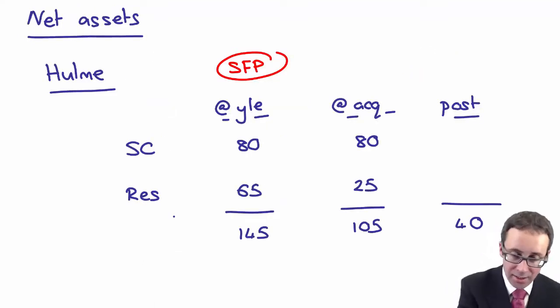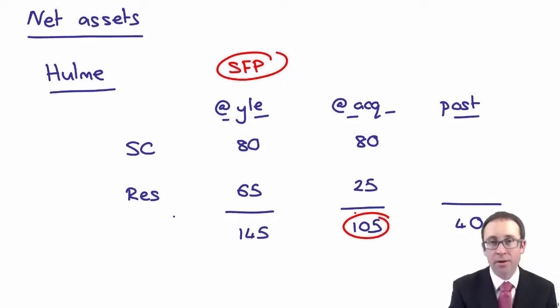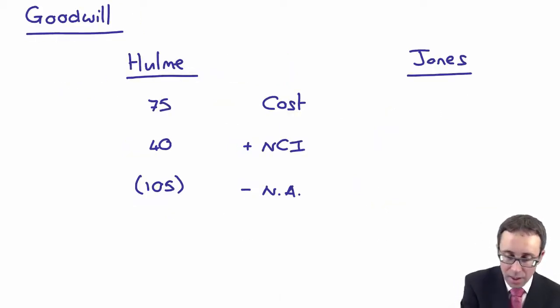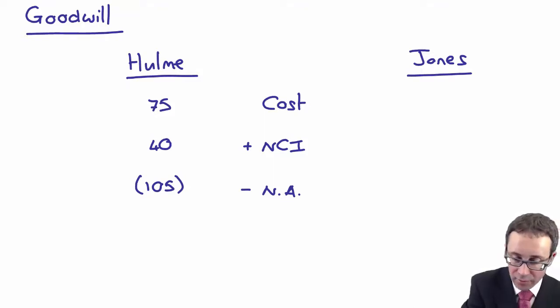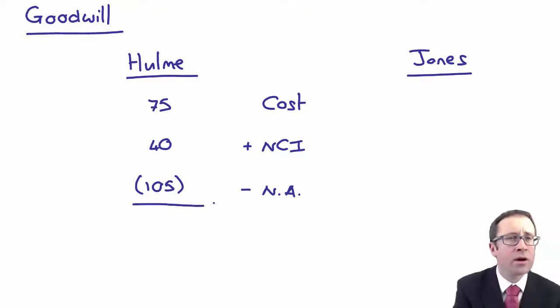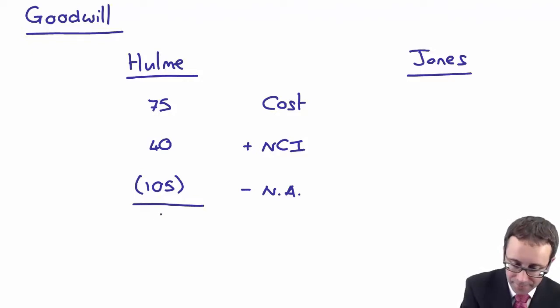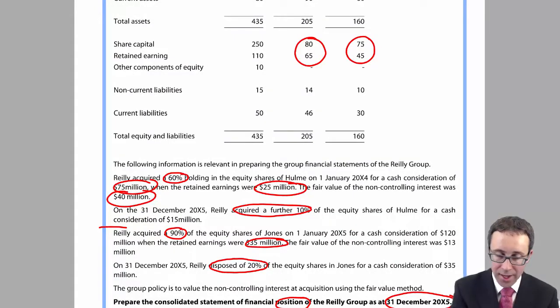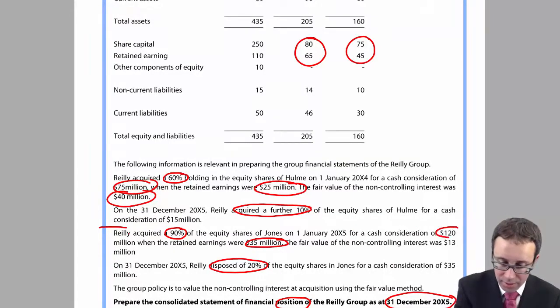Hume, net assets, acquisition, boom, 105, there we go. If I total that up, you may have done so already. What have you got? I can hear you shouting. Yep, 10. Well done. And then is it there for Jones? Cash consideration, 120 million. Non-controlling interest, 13 million.